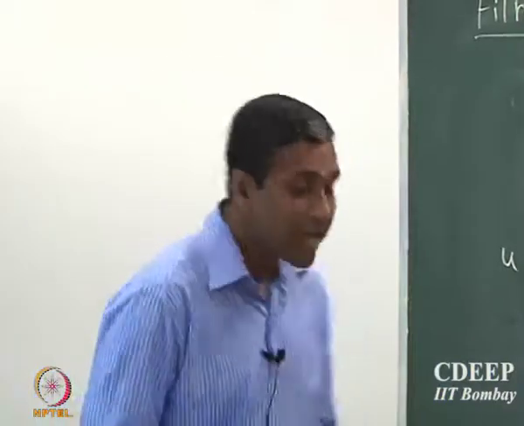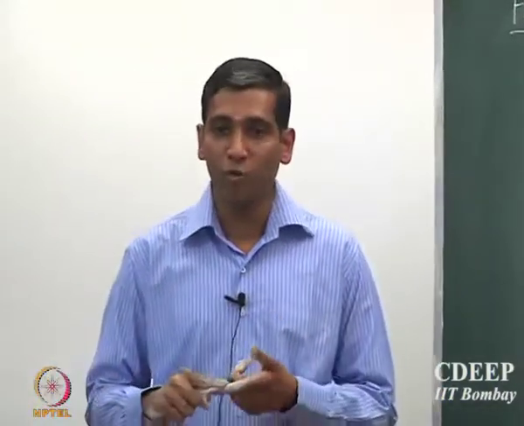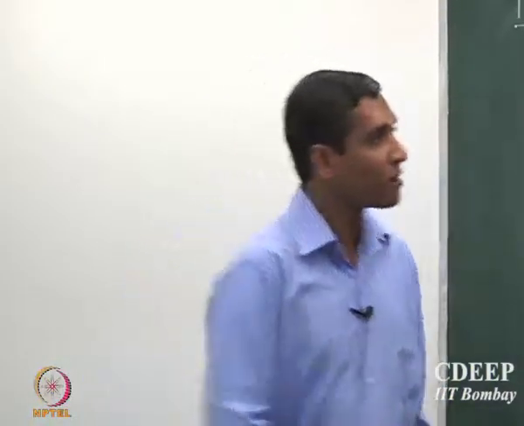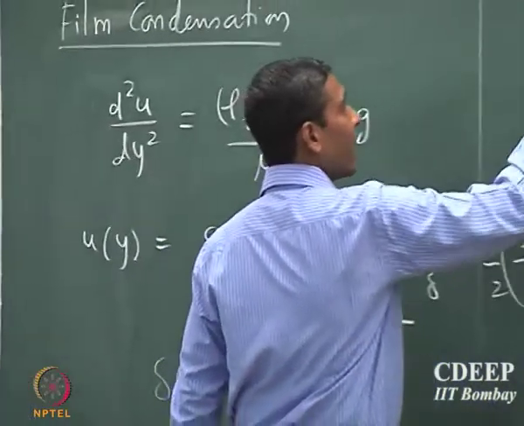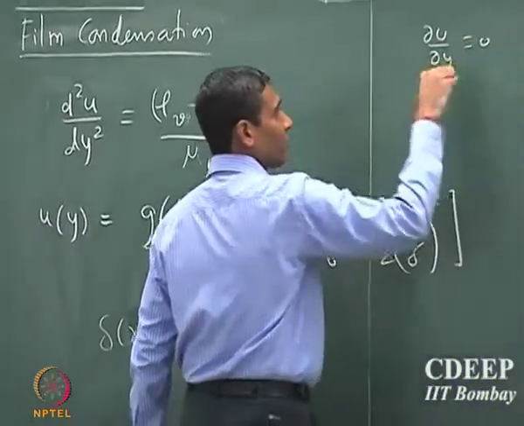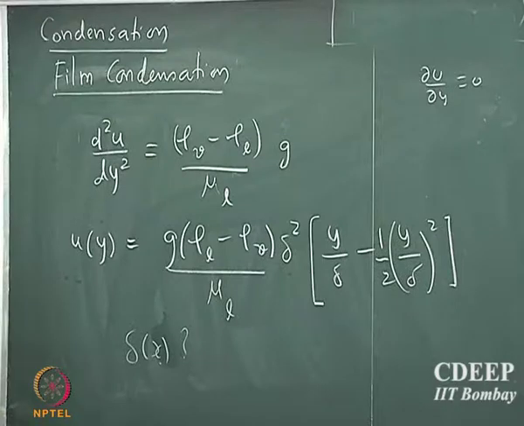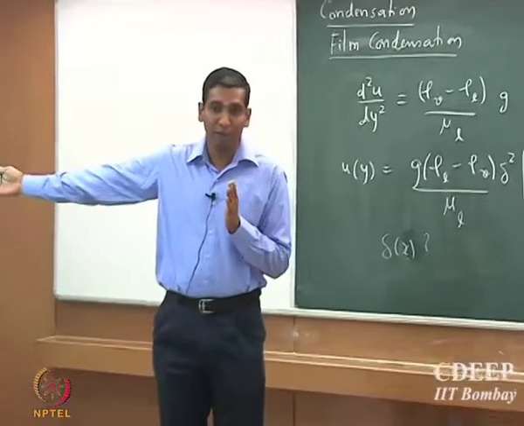There are two ways of doing this. One is you could use y tending to 0. You could also use du by dy equal to 0. You are solving only inside the boundary layer, so it is a fixed boundary value problem. You use a similarity variable when you have an infinite boundary value problem.